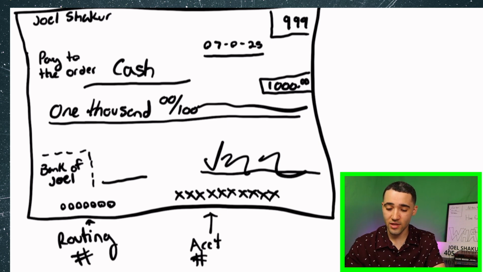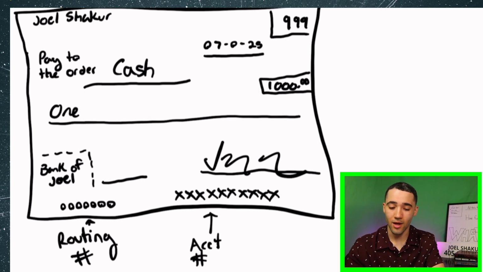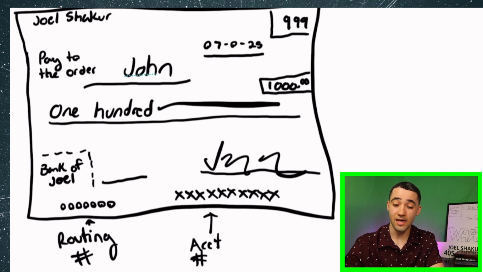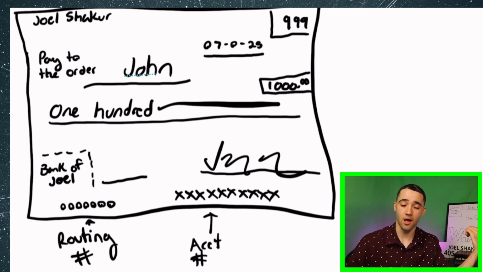Now, let's go back to this amount right here. So we got the 1,000 right there. Let's say we accidentally wrote 100 and we're getting paid. This was paid to John. Let's put John. And John takes this check to either my bank, Bank of Joel, or he takes it to his bank, Bank of John.